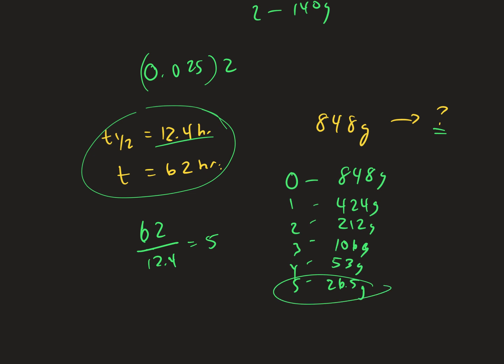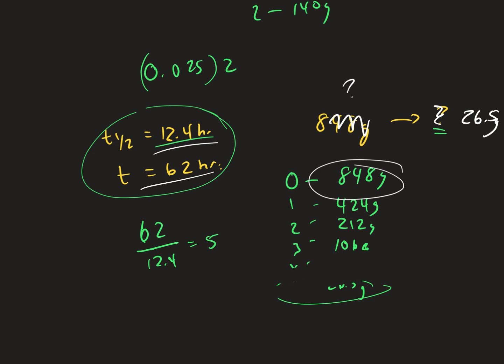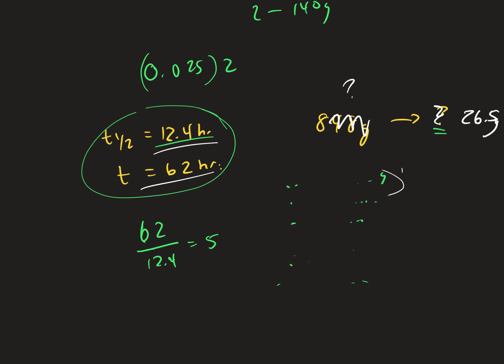What if I was looking for this guy? Can I do that? What if I said, how much do I have left? If I end with 26.5 grams, and it takes this much time and each half-life is 12.4, what do I do? I start with my end, because that's what I know.